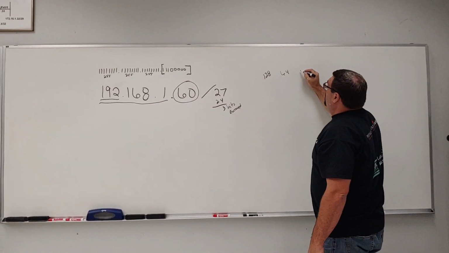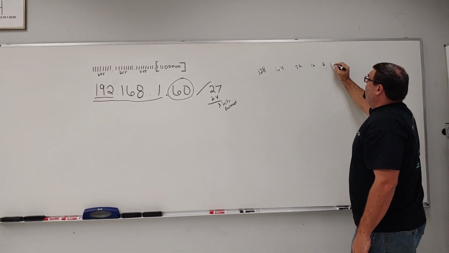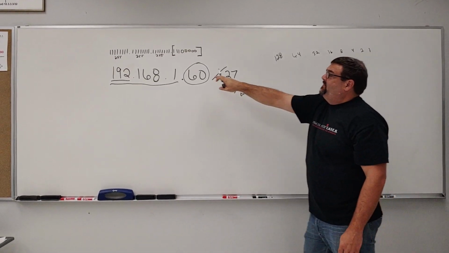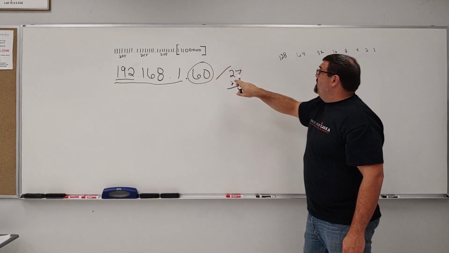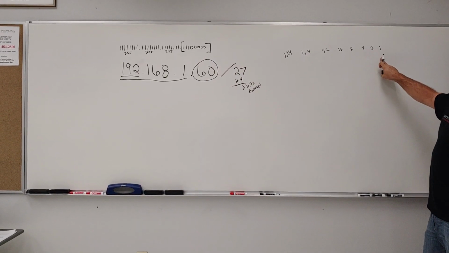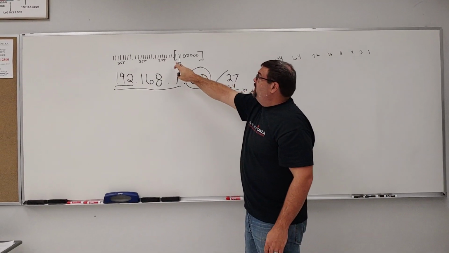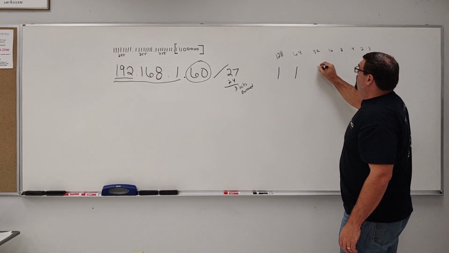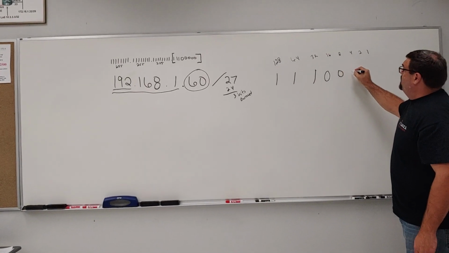Then 64, 32, 16, 8, 4, 2, 1. That is the value of all 8 of these bits. 1, 2, 3, 4, 5, 6, 7, 8. Okay, so we have borrowed 3 bits. 1, 2, 3. Then the rest are zeros.